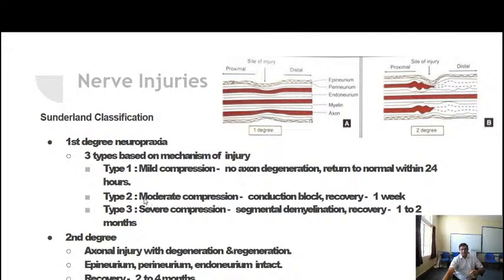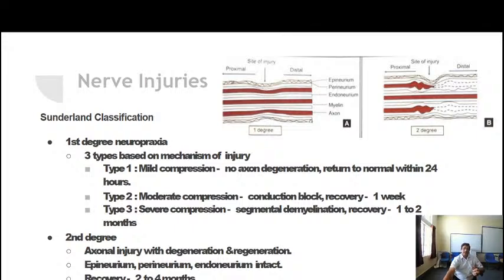Type 2, wherein there is a moderate compression and a block of the flow of the axon, and so it forms a complete block of conduction, and here the endoneurium and the perineurium are intact, so there is a chance for this to recover, and it may take about 1 week's time.